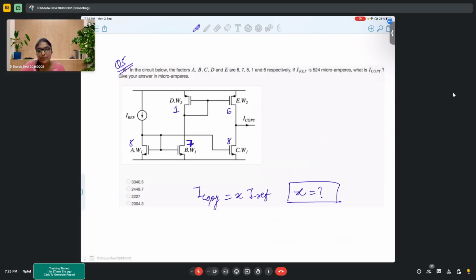So do you want me to solve this problem or will you be able to solve it on your own? We'll try. Sorry, I think that is 1 minus 6 into 7, something like that. So try solving this. It will not take you more than 5 minutes. I don't want the values. I just want the factor. Take 5 minutes and try to solve this problem. After that, I'll solve it.